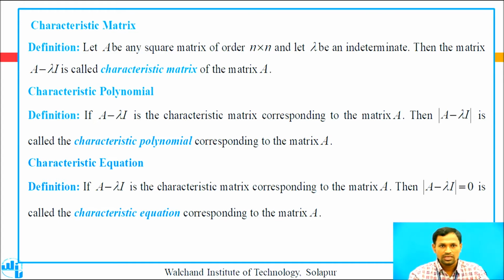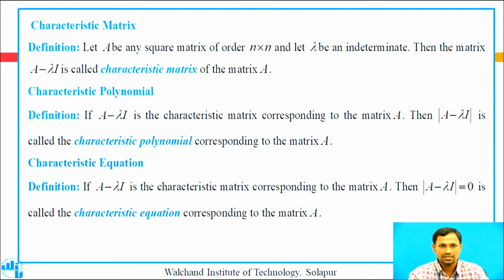If A minus lambda I is the characteristic matrix corresponding to the matrix A, then determinant A minus lambda I is called the characteristic polynomial corresponding to the matrix A.